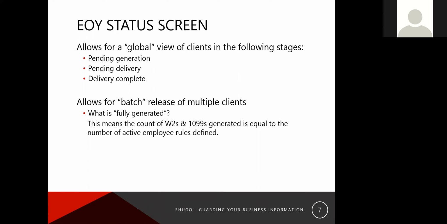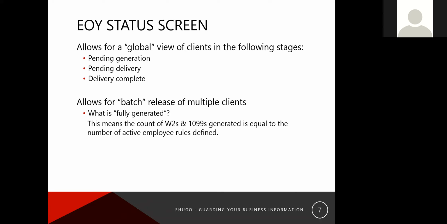So we're going to look at this screen, and you're going to see some text on the screen called fully generated, and I'm going to go through it. What fully generated means is this: you have X amount of employees set up for this client, and we receive Y number of W-2s and 1099s. Are those numbers equal?